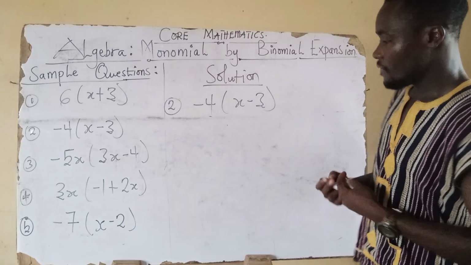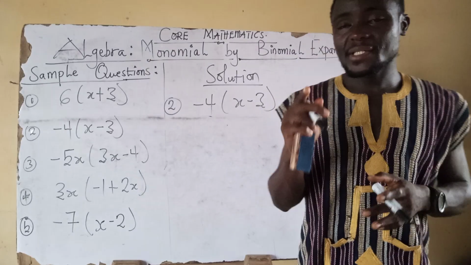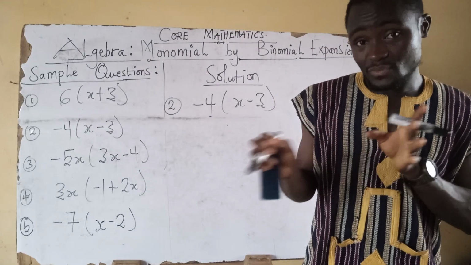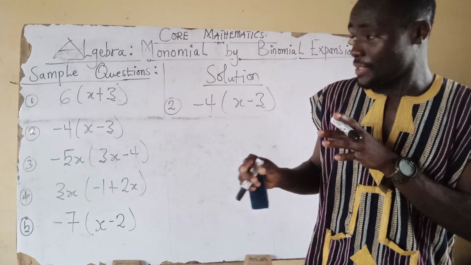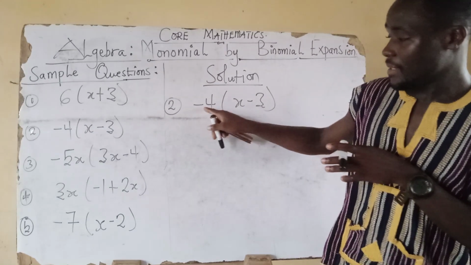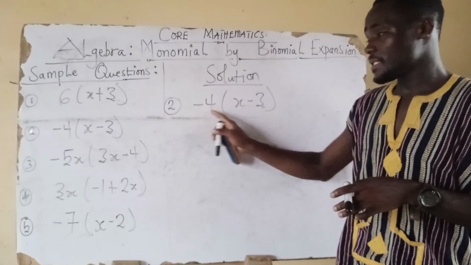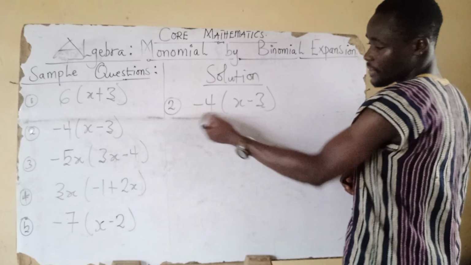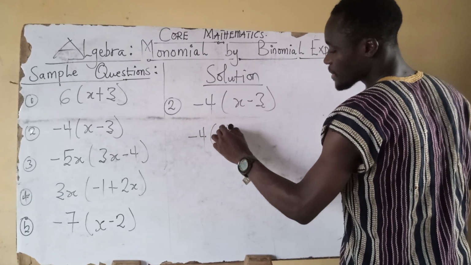Are you getting me? Very good. So here please, when you are expanding, make sure you consider the signs in front, that is the operational signs in front of the numbers as well. So over here I have -4 taking charge of the positive x.